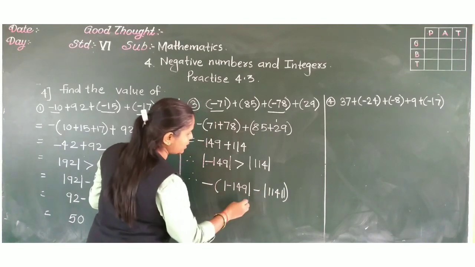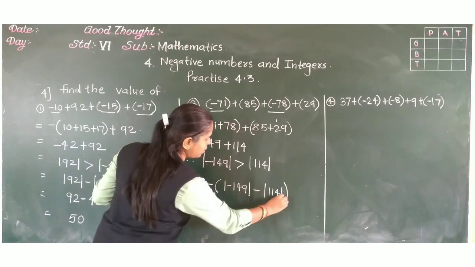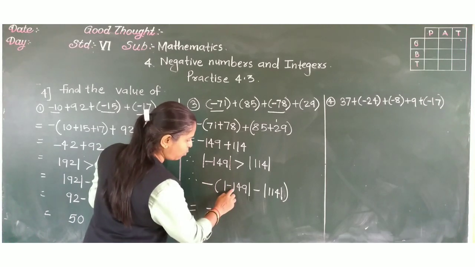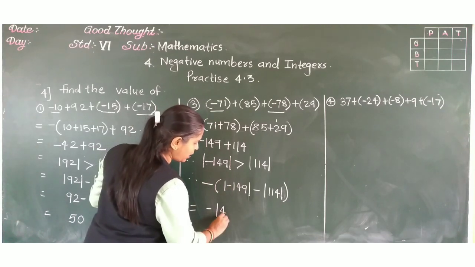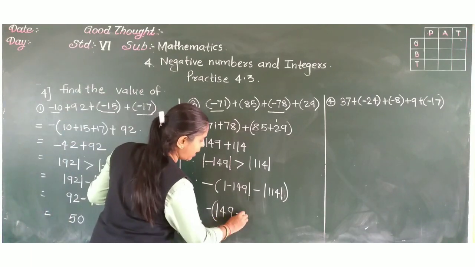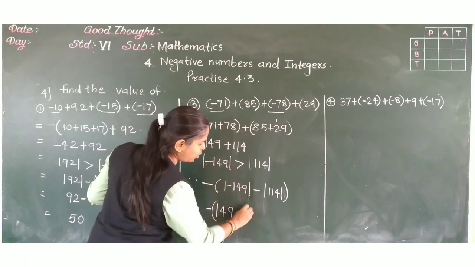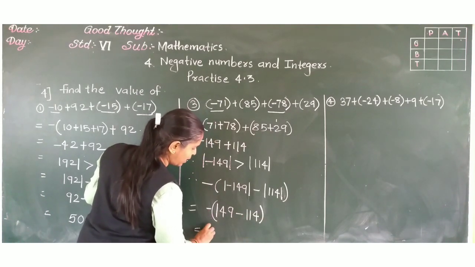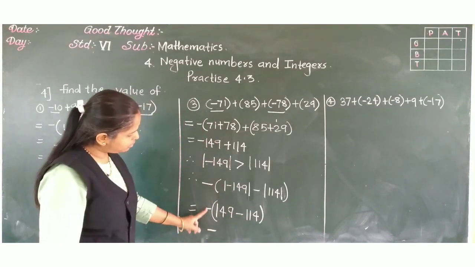Now what is the absolute value of minus 149, which is plus 149? And what is the absolute value of this 114? Do subtraction. This minus sign will remain as it is. Okay.